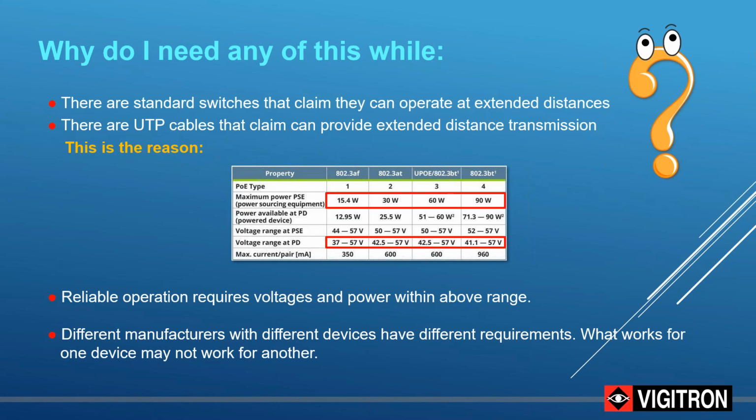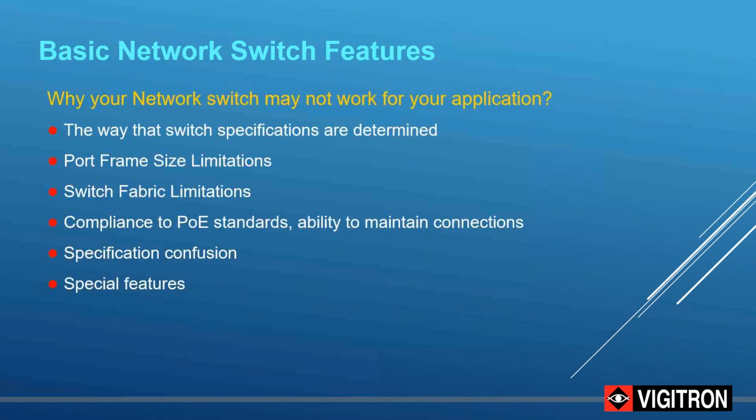So in many cases, when we take these variations into account in the design of IP PoE products, there is a high degree of possibility that these extended-distance claims by switch or cable manufacturers may not work, or may not work reliably.